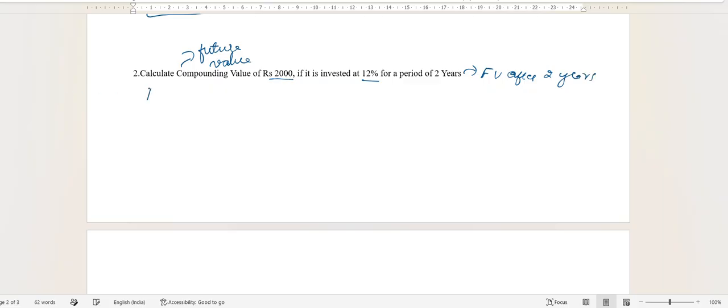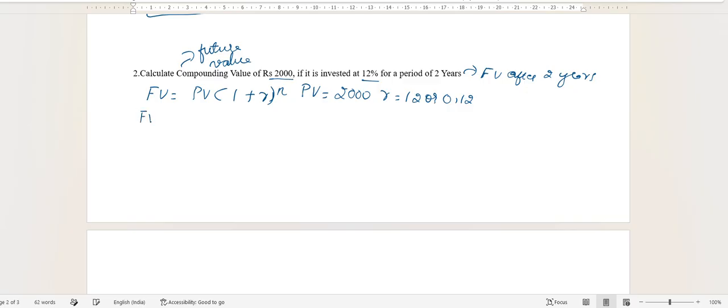So how do we calculate it? As simple as that. My future value is equal to present value, 1 plus r, to the power of n. Let me understand what my present value is. My present value is 2000 and my rate of interest is 12%, which can also be called 0.12.